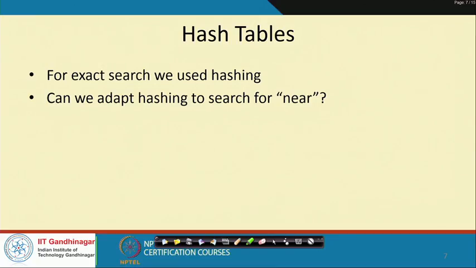If you wanted to answer exactly same, then you could have created an MD5 hash of the entire document, and then you just store these MD5 hashes in a hash table. And answering the query is fairly straightforward. So the question now is, can we adopt this hashing idea, or the hash table idea, to search for not an exact match, but a close enough match? This is what we will try to do here.